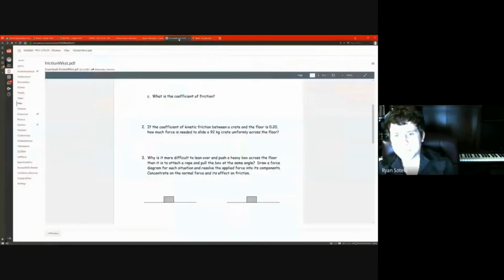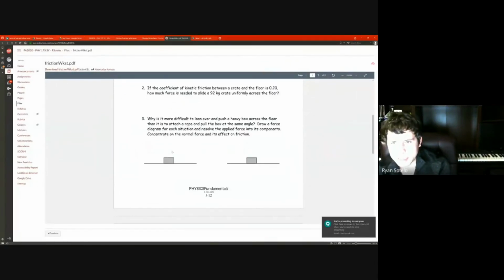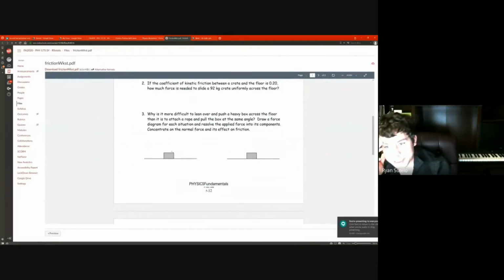All right, for 3, this one's, I guess, a conceptual one. Why is it more difficult to lean over and push a heavy box across the floor than it is to attach a rope and pull the box at the same angle? So you have a bit of a downward angle at the box.